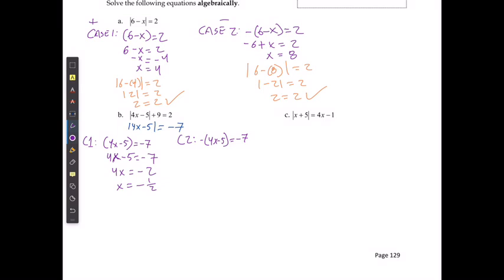On the right-hand side, if I have negative 4x plus 5 is equal to negative 7, then negative 4x is going to equal negative 12, or x is going to equal positive 3.